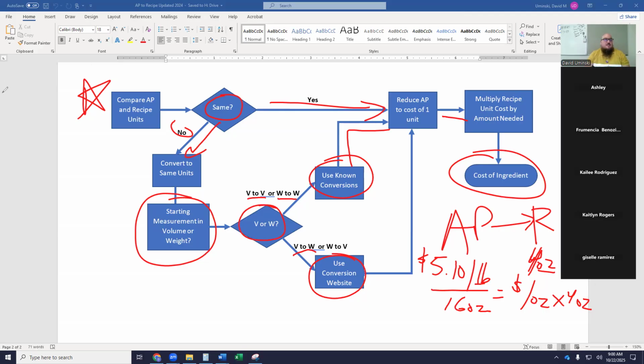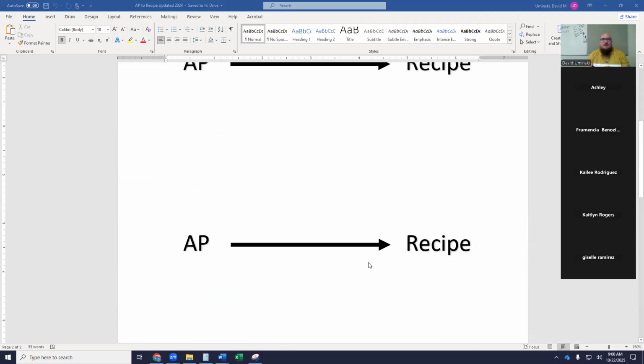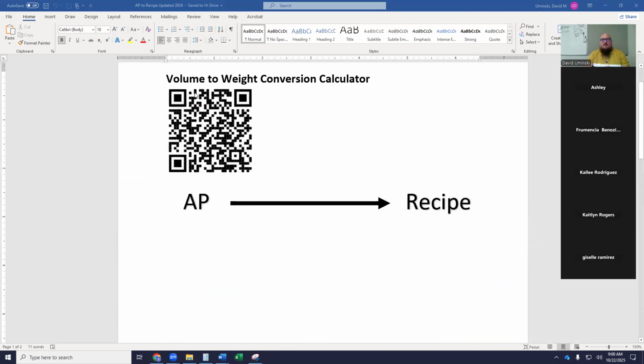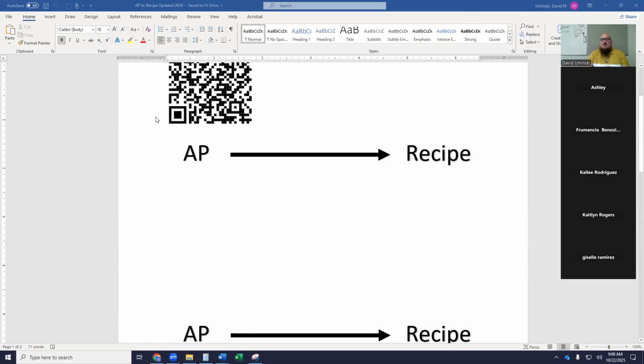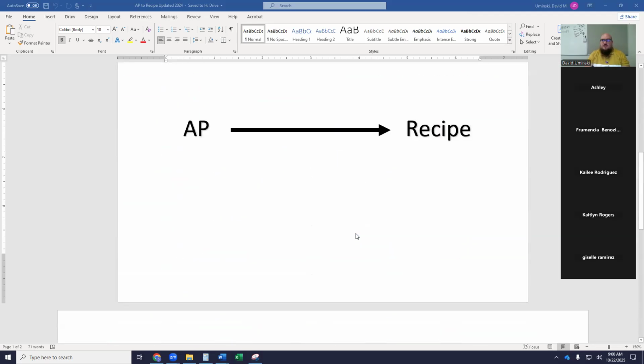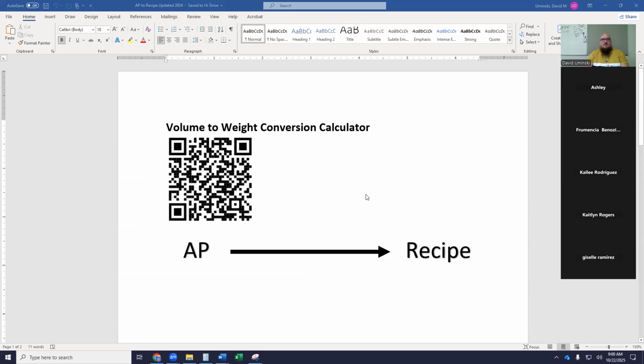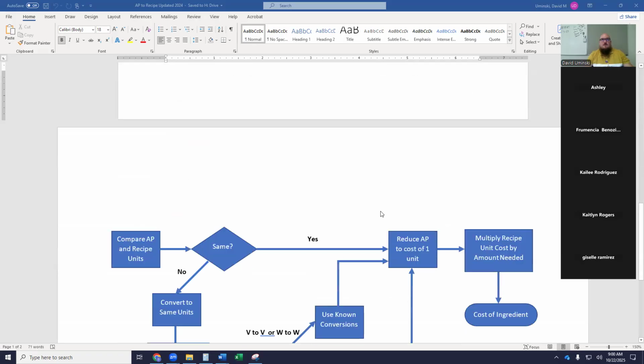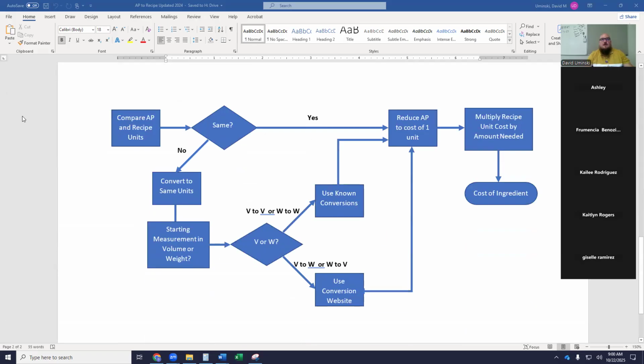It is attached to this volume to weight conversion QR code and then the AP to recipe page. This is what I gave to high school teachers when I taught how to teach recipe costing. So this is going to sound kind of dumb, but I'm actually having trouble getting there.